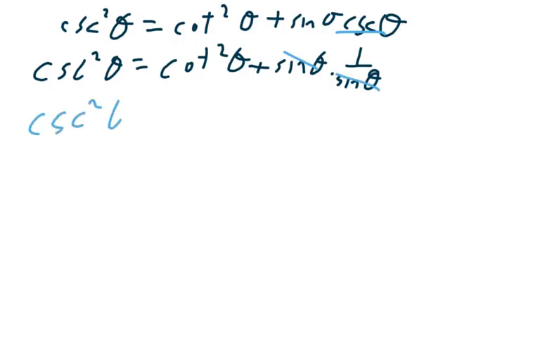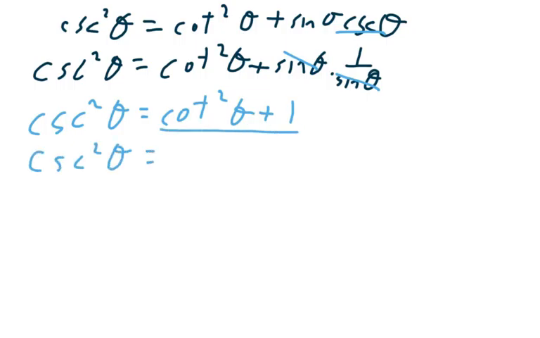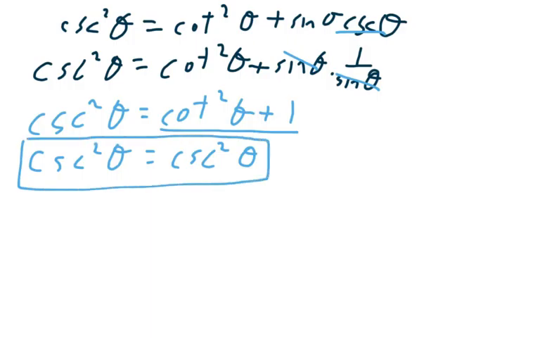So cosecant squared theta equals cotangent squared theta plus 1. And since cotangent squared theta plus 1 in our Pythagorean identities is cosecant squared theta, we have just verified the identity.